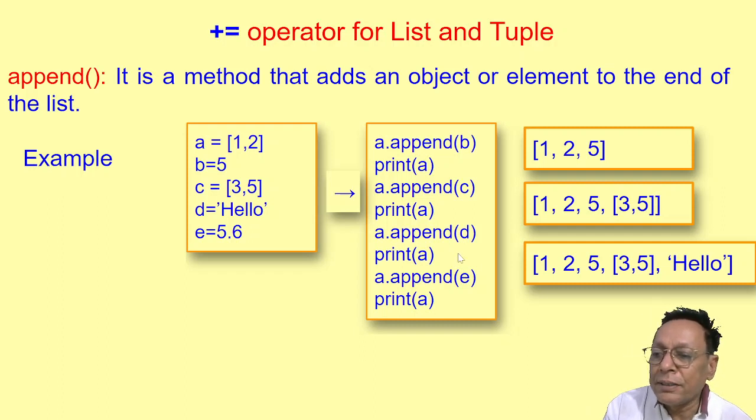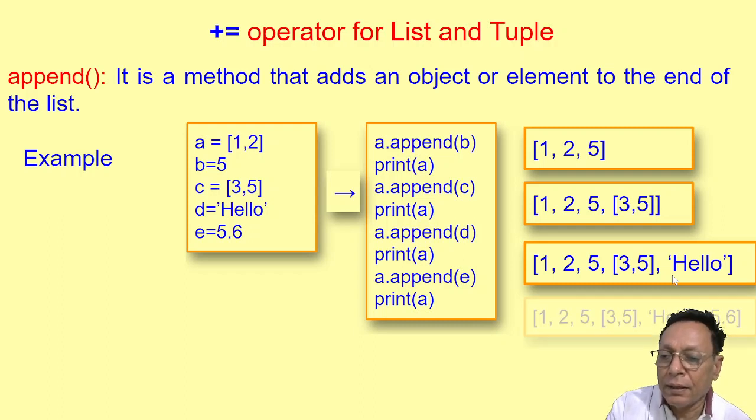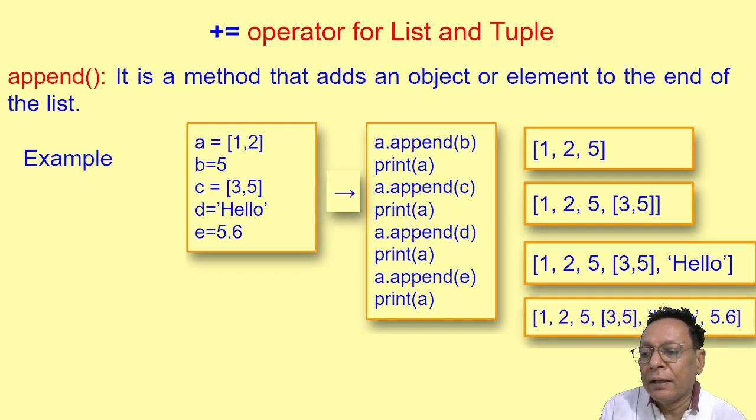So the list shape will be like this after appending D. And in the last, if you append 5.6, it will be appended to the end of list A. So you will see it looks like this. Here you see the elements, whether they are iterable or non-iterable, are appended to the list.